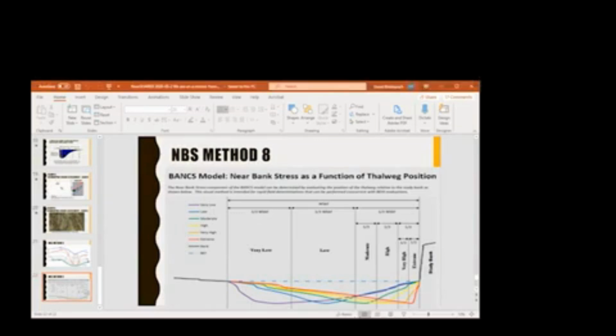So just be cautious if you think you're going to build a curve with this, that you're going to end up with all of your points on a single vertical orientation for each of the near bank stress conditions when you look at the bank erosion rate plot. So that's a little bit of word of caution on that.